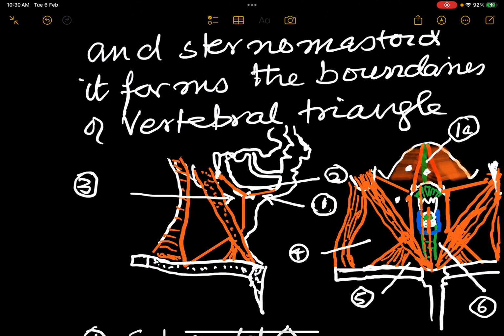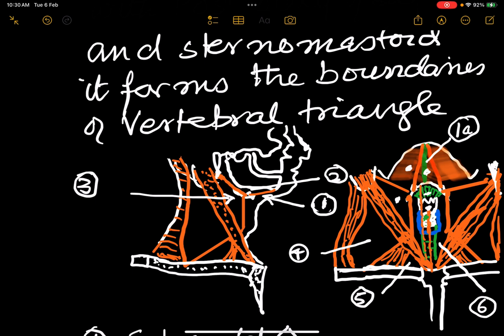Sternocleidomastoid, trapezius, clavicle, posterior triangle. And between the sternohyoid and sternothyroid, if you take off these muscles, you will see the hyoid, the thyrohyoid membrane, the thyroid cartilage, the cricothyroid membrane, the cricoid, and the cricopharyngeus muscle supplied by the superior laryngeal nerve.